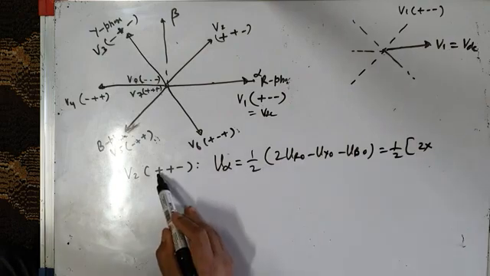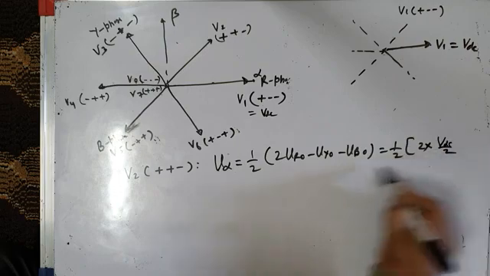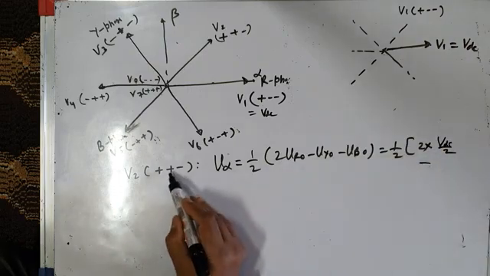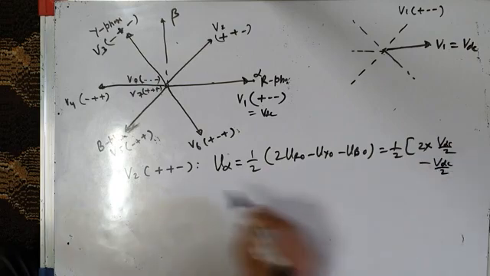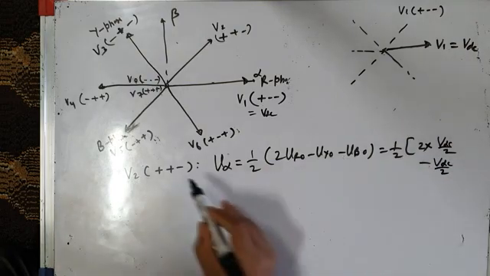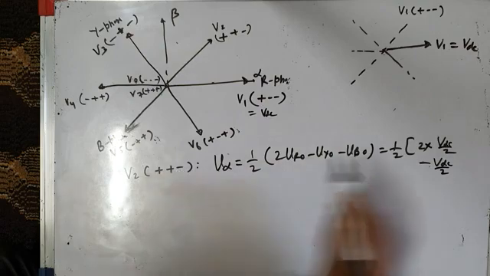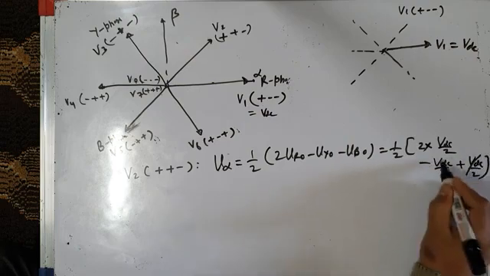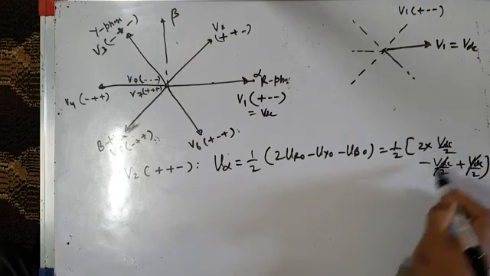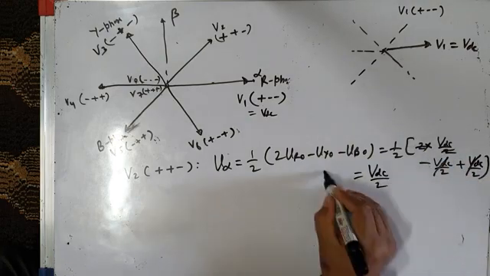VRO means R's top switch is on, so it is VDC by 2. Minus VYO. Y's top switch is also on, so it is minus VDC by 2. And then minus VBO. B's bottom switch is on, its pole voltage is minus VDC by 2, minus into minus is plus VDC by 2. Now this plus VDC by 2 minus VDC by 2, they add up to 0. 2 and 2 go, so alpha component is VDC by 2.